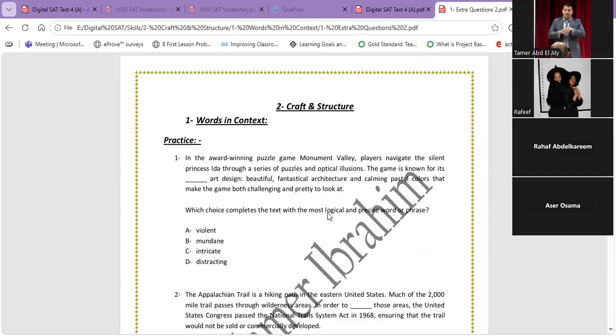Positive has a positive meaning, negative has a negative meaning, or neutral can carry both. So if we find three positive and one negative, the answer is going to be the odd one out, the negative. But we also want to be sure from the context clue. You have to return to the context clue. So now I want you to start solving number one, please, and write the answer in the chat box. Number one.